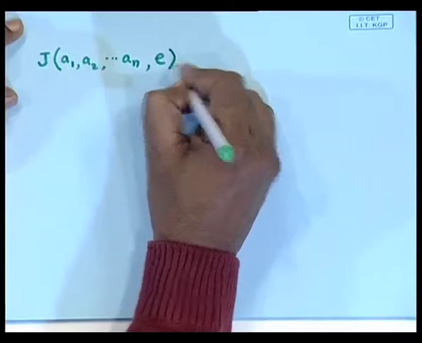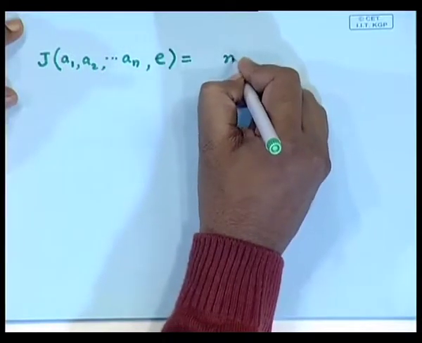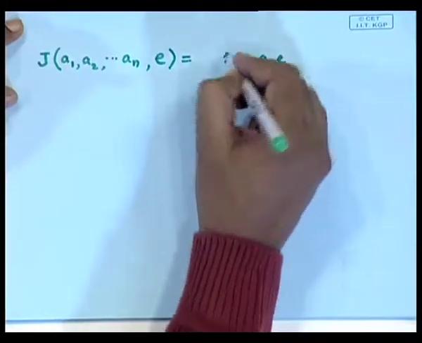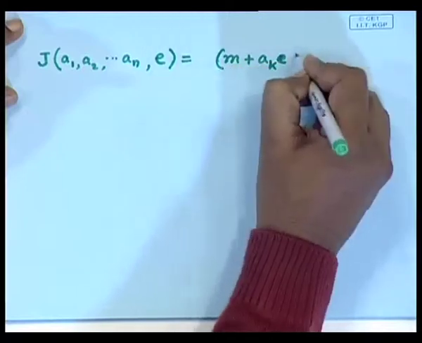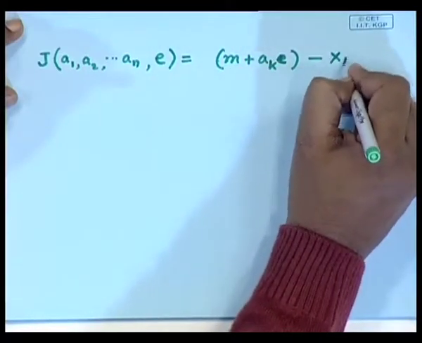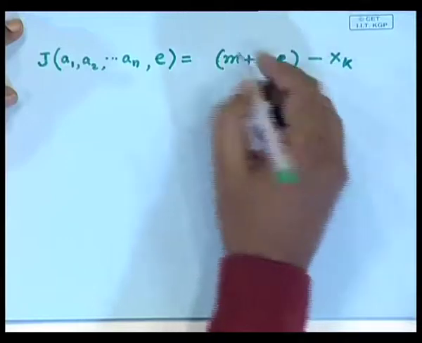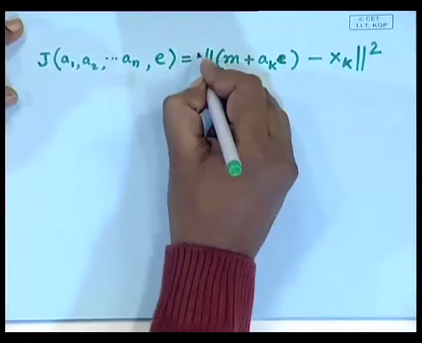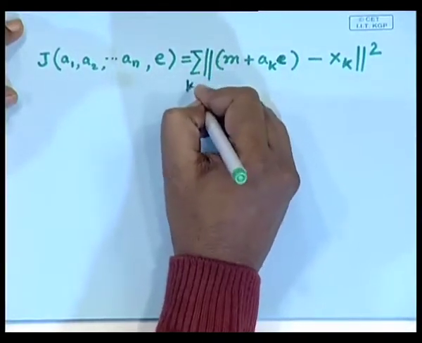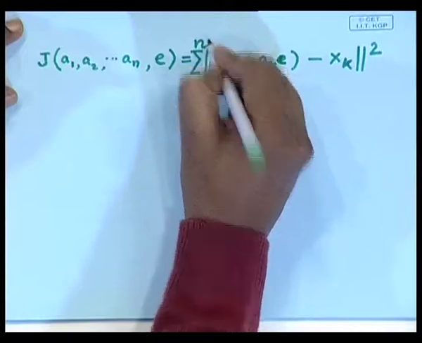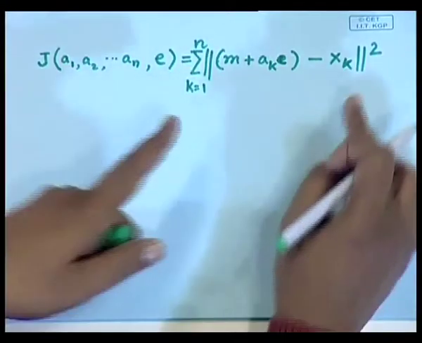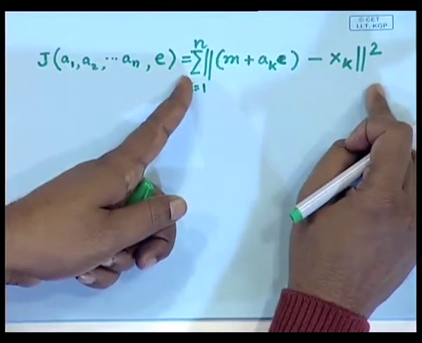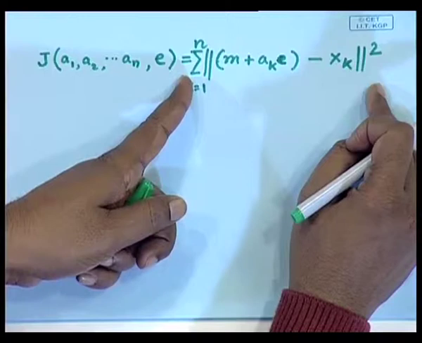And this is nothing but the summation over k varying from 1 to n of the mod square of m plus a k e minus x k. So, this becomes a sum of squared error.